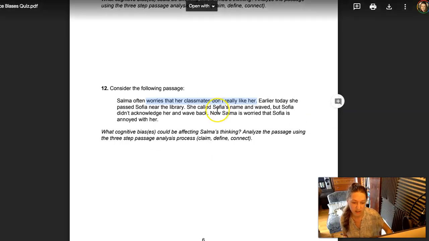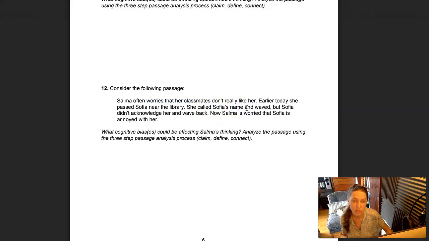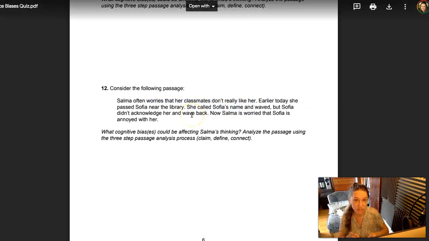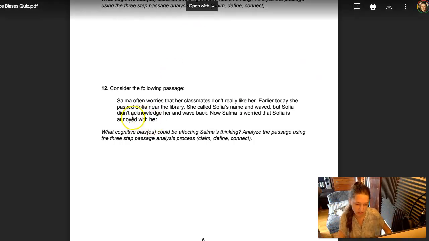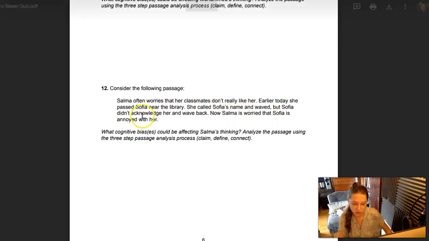So we need to say, how is she interpreting someone's behavior? Sophia didn't wave back. This is open to interpretation. Specifically, there are two ways that are relevant here. Interpreting behavior as a product of Sophia's own intentions, internal stuff, or a product of the situation, not really about who Sophia is and her intentions. And she goes with attributing it to who Sophia is and her intentions.